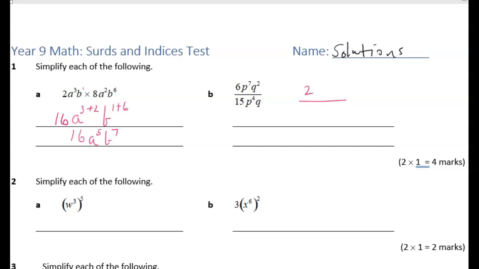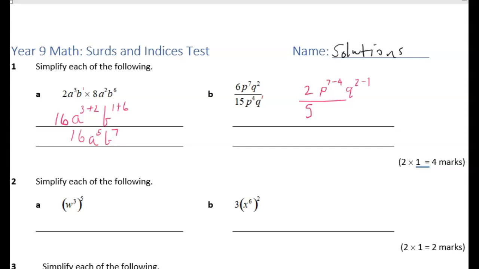So I'm going to write 2 on the top and 5 on the bottom. Now when you're dividing, we subtract our powers, so I'm going to leave this p up here, and the power is 7 minus 4, because 7 on the top minus the 4 on the bottom, and then q is going to be 2, and remember there's a 1 there, so it's going to be 2 minus 1.